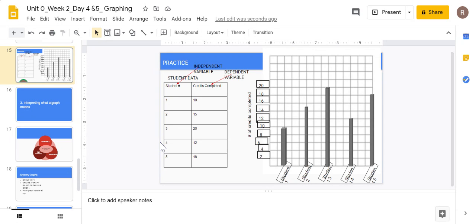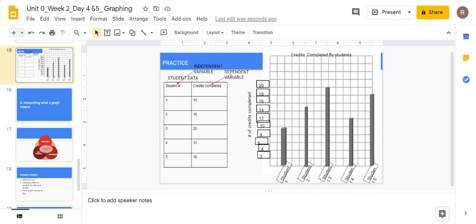And then if I just go over and copy, I'm forgetting my title, so that's important. I need to make sure it's on my completed graph here at the end. Credits completed by students. And so I have my title.